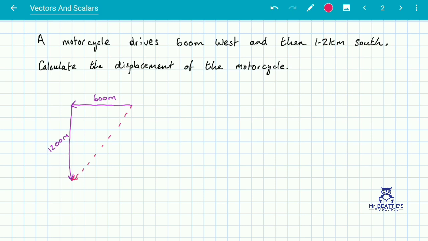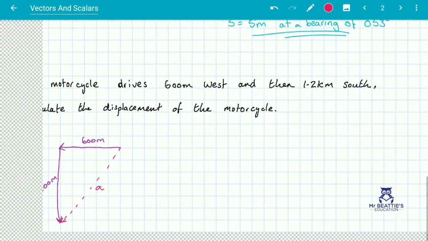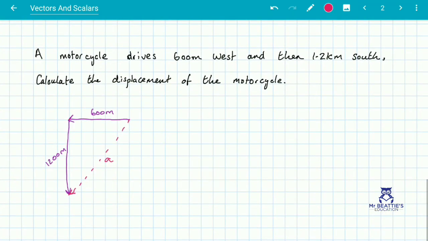All vectors are joined tip to tail, so you'll notice that the tip of the 600 meets the tail of the 1,200, and then we connected the tail of the 600 to the tip of the 1,200 to find our displacement, which we're going to again call A. So A squared is equal to B squared plus C squared.